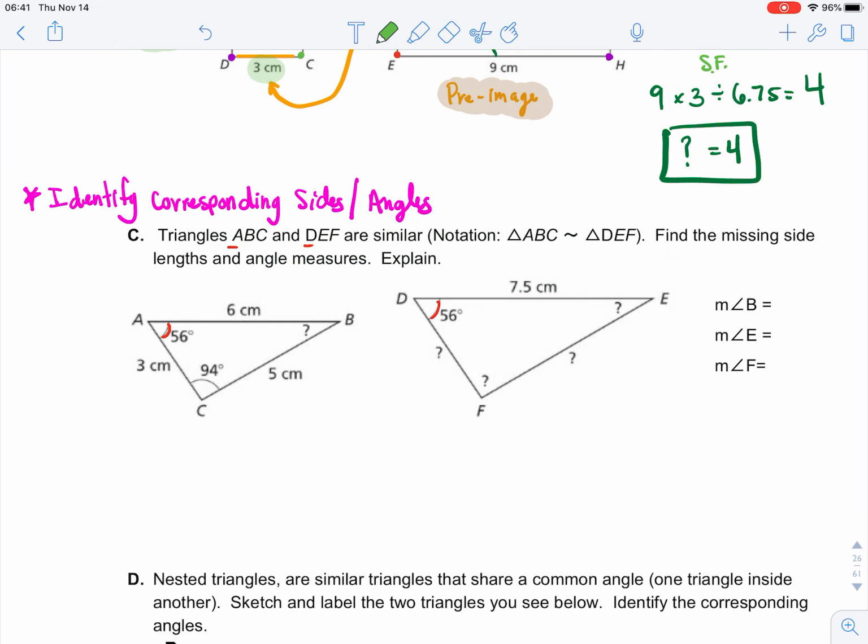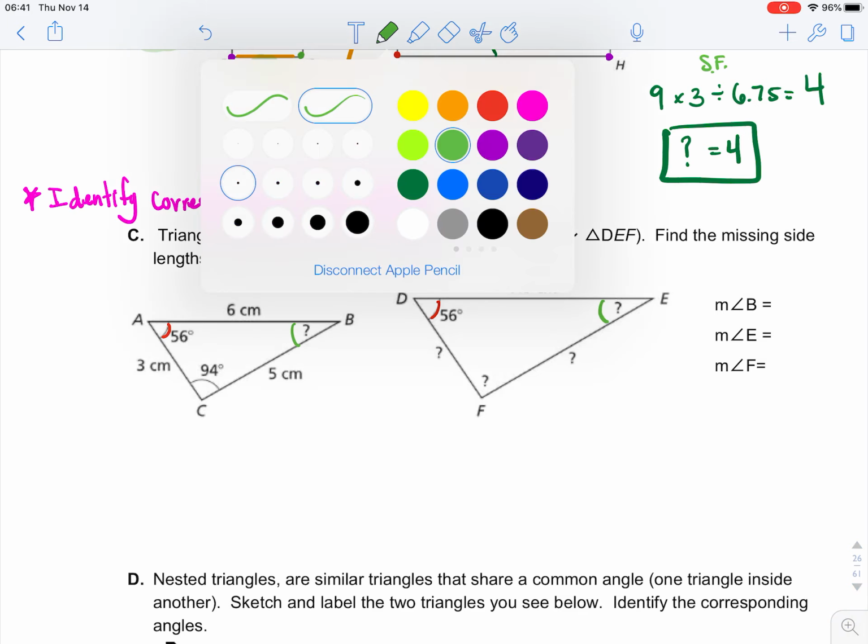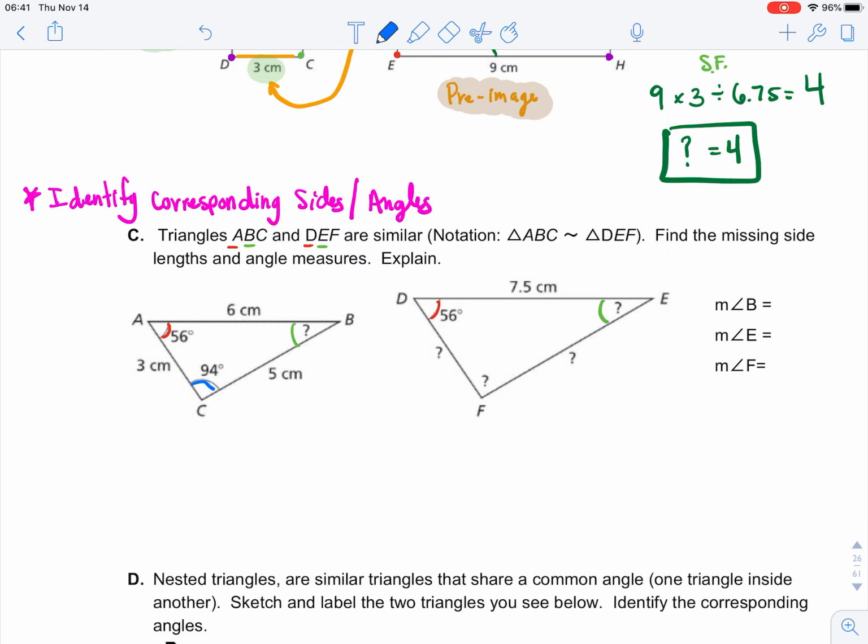Then we've got B and E, so B and E should match, and C and F should match. Now, I've already got all the angles. Angles don't change in similar figures. Angles or shape stays the same.